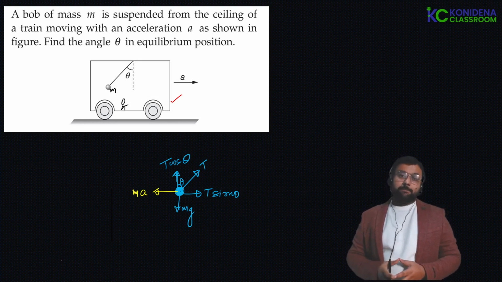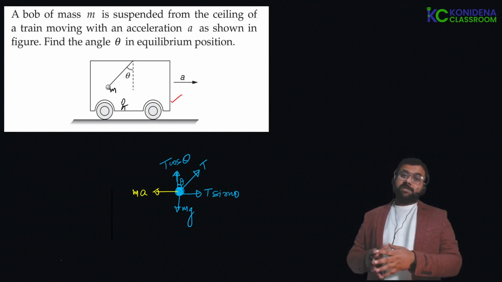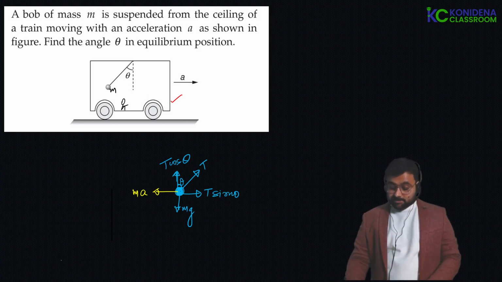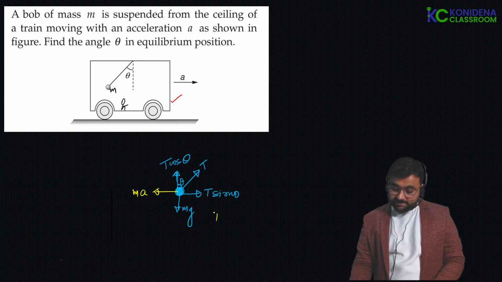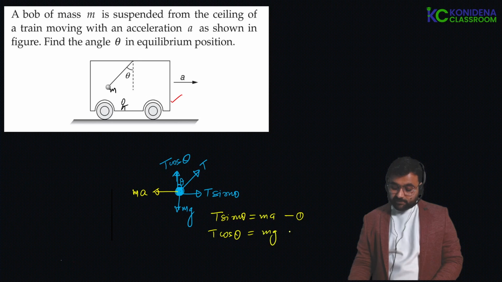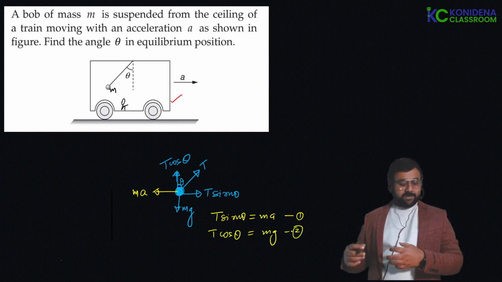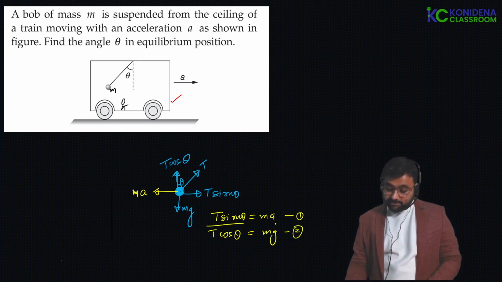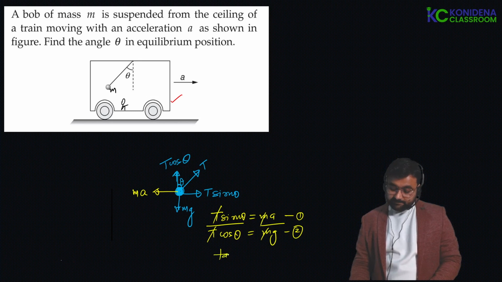Now this is the balanced condition with respect to a person who is sitting in the train. Okay, so that guy will tell you, okay, T sine theta is basically ma, that's the first equation, and T cosine theta is basically mg, that's equation 2. So when you divide 1 and 2, this T and T cancel out, m cancels out, sine theta by cosine theta is tan theta.